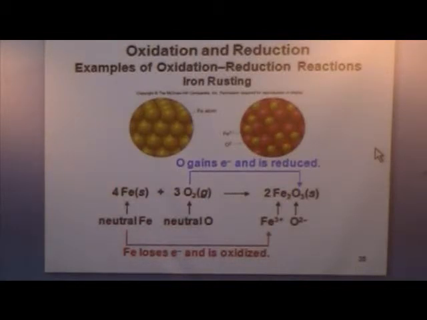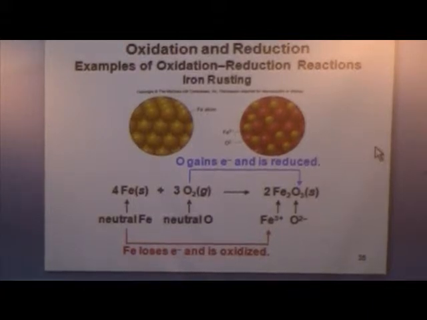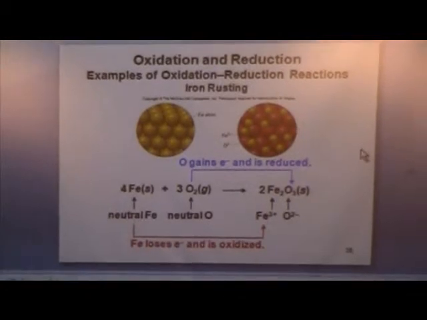Here, for example, examples of oxidation reduction reactions: iron rusting. The process of rusting, is it a chemical change or a physical change? It's a chemical change, okay? So what is rusting? Rusting is an oxidation process, right? Because it's a reaction with oxygen.